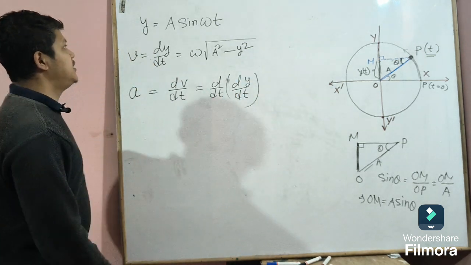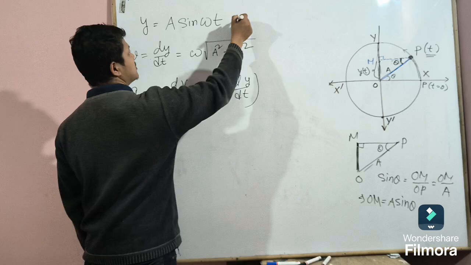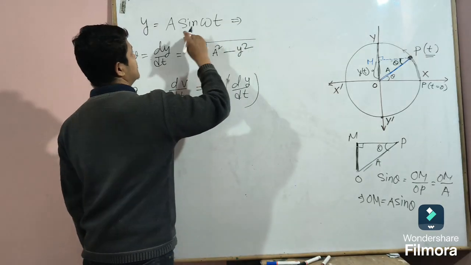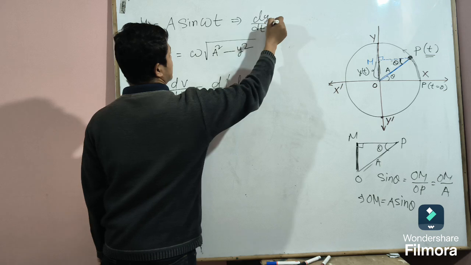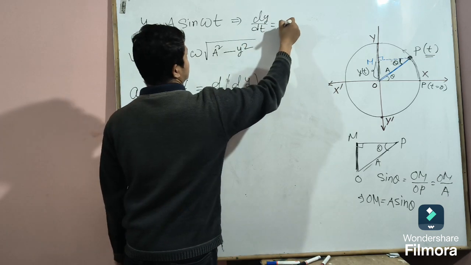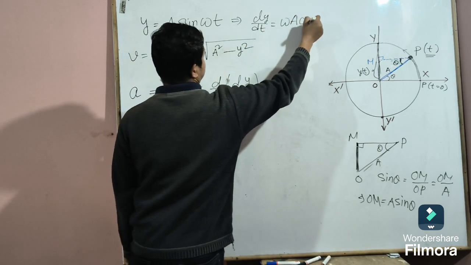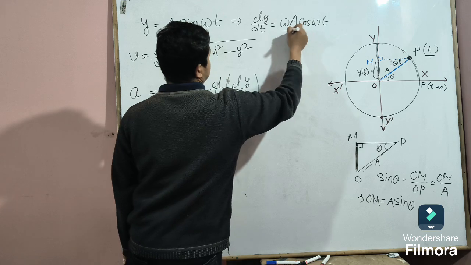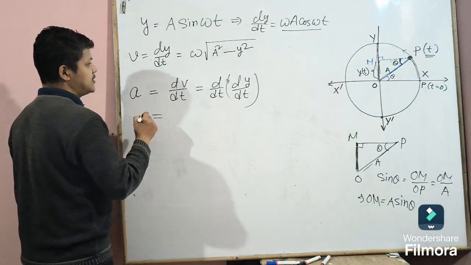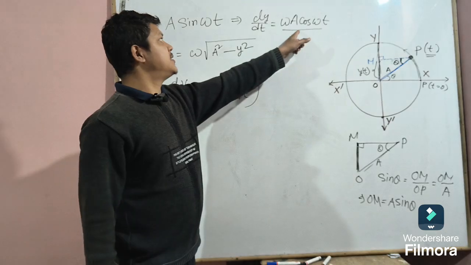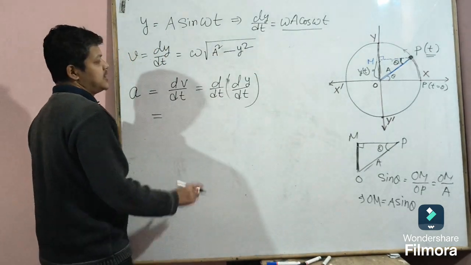And dy by dt, what we had got from this displacement, is omega A cos omega t, right? So in order to find the acceleration, let us differentiate this again with respect to t.